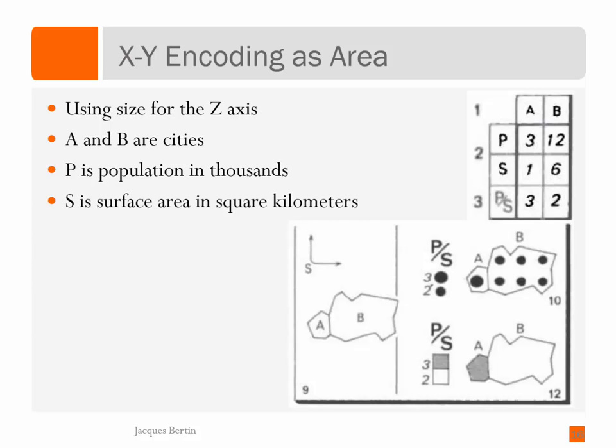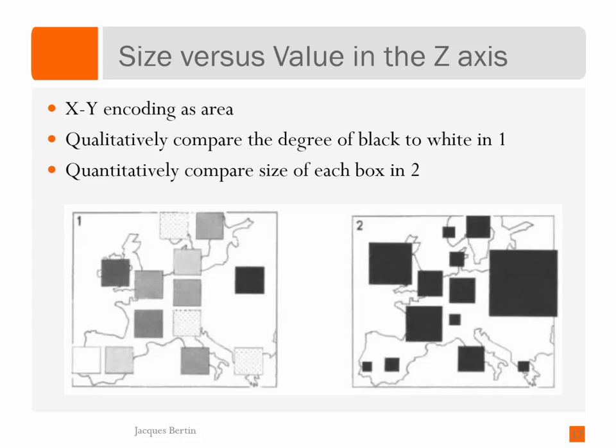And so now let's talk some more. We'll give another example of that value variable. So here we're looking at a map of France, and we can see the XY encoding.